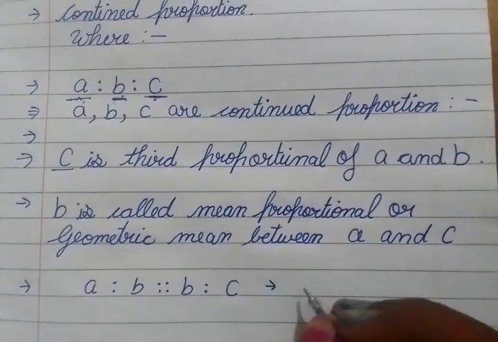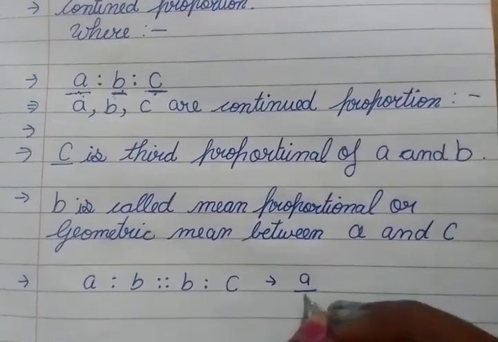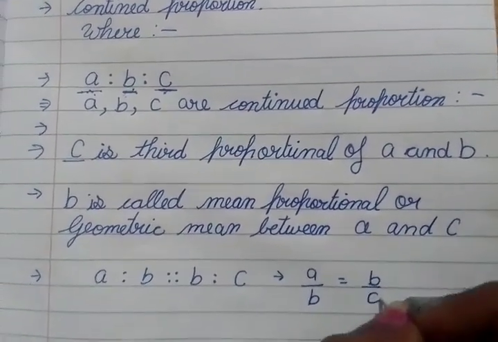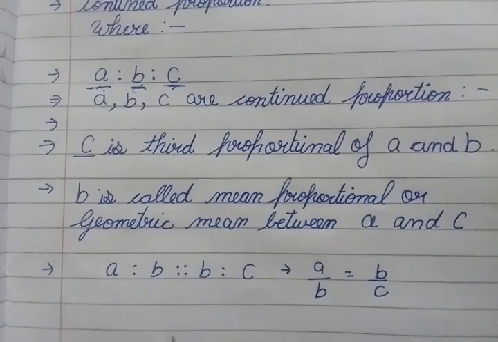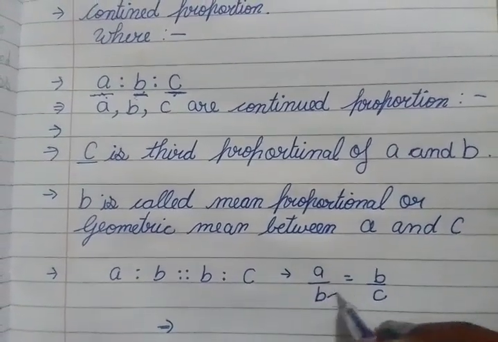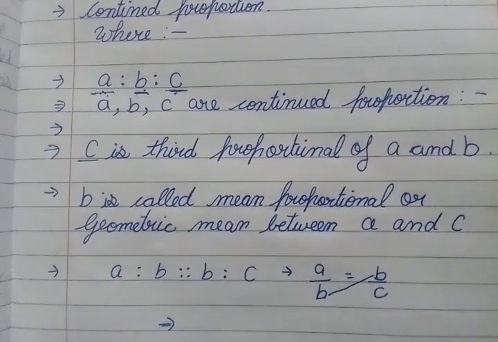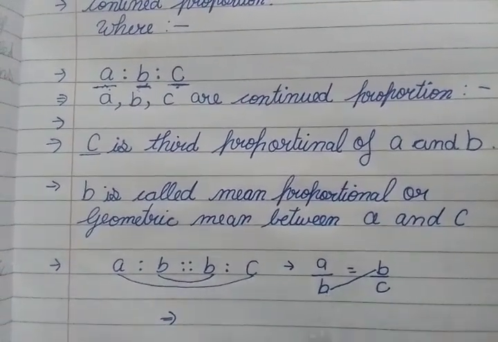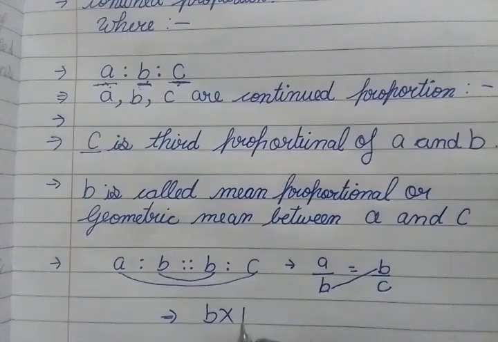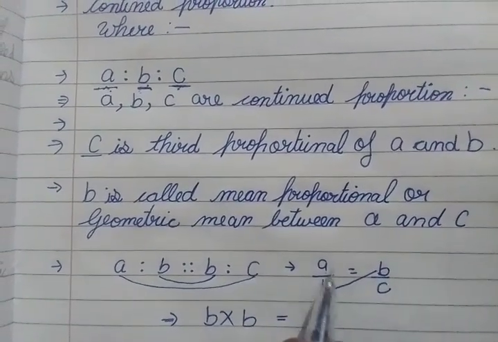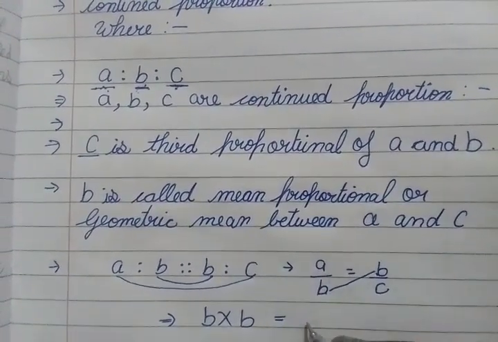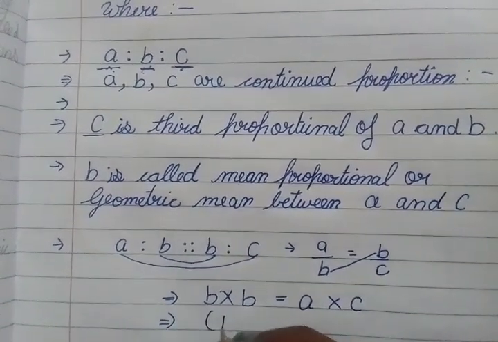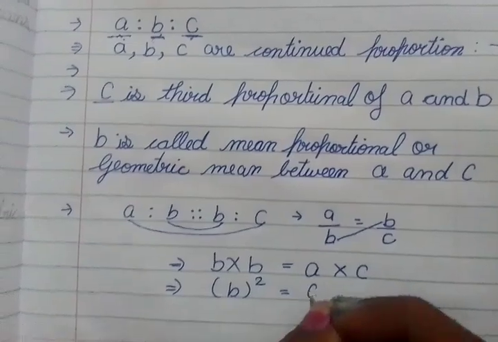So A by B equal B by C. Now we multiply product of extremes and product of means. So B into B equal A into C. So the answer will be B square equal AC.